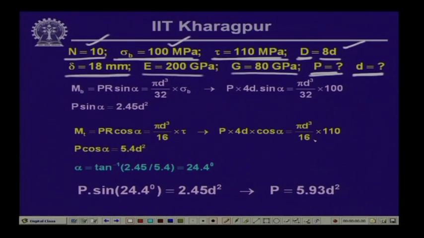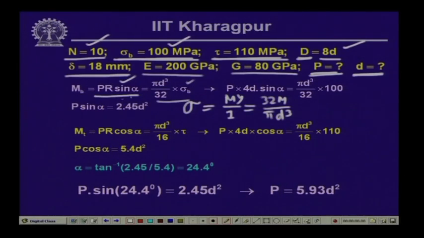Now, as we have seen, the bending moment M equals P R sin alpha. If we write stress sigma equals M y by I, as indicated here, y is d by 2, I is pi d to the power 4 by 64. Therefore, this equals 32 M by pi d cube, and thereby M equals pi d cube by 32 multiplied by sigma.